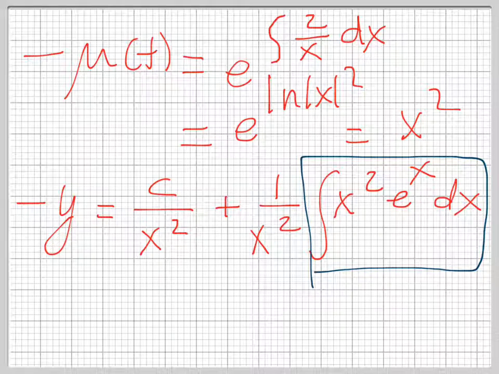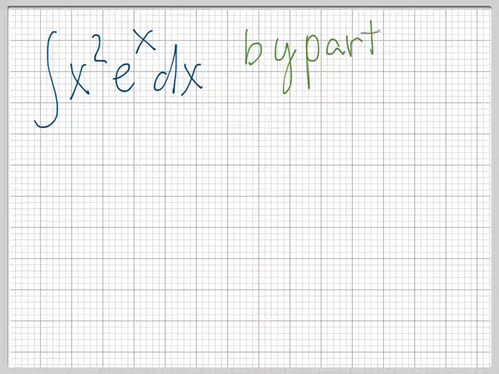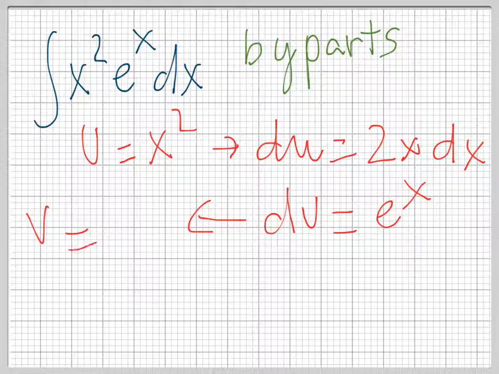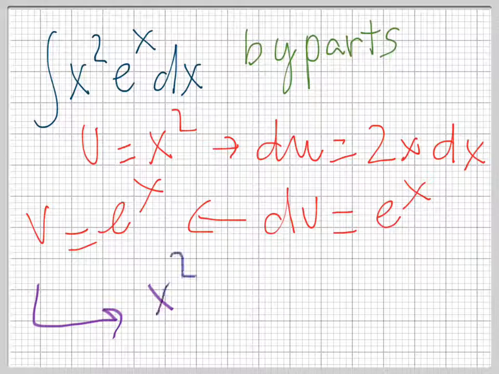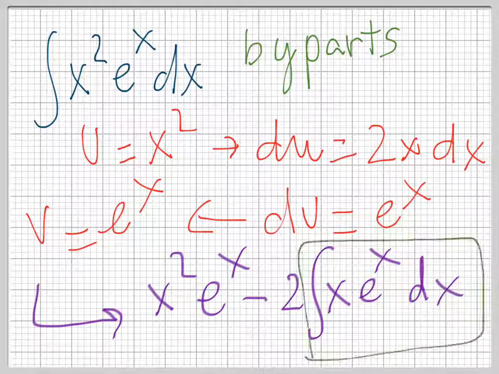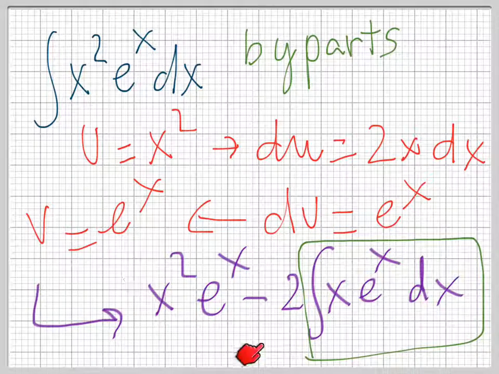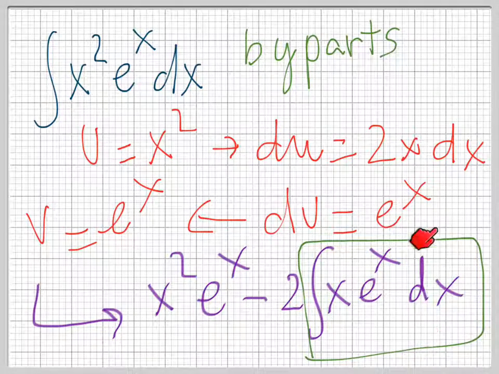Now, the next question is whether it is possible to find the antiderivative for this function, x squared times e to the x. Let's do that separately. We use integration by parts, u equals x squared, dv equals e to the x, and using the formula of integration by parts, this integral becomes this term.